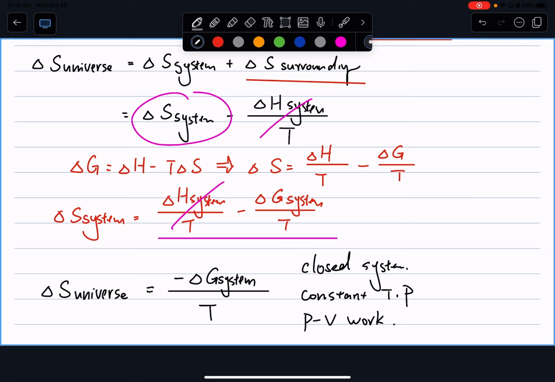And the delta G of that system links to the overall delta S of the universe. Or the other way to put it is a decrease in your system's Gibbs free energy will have a proportional relationship with the total change of entropy of the universe. All right, so a decrease in your system's free energy means an increase in your entropy.